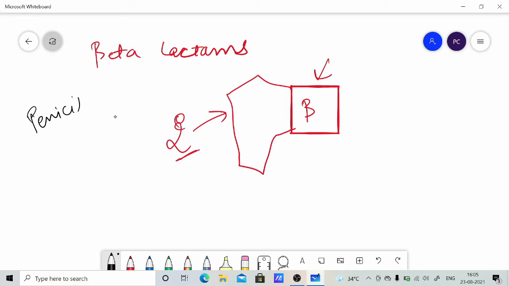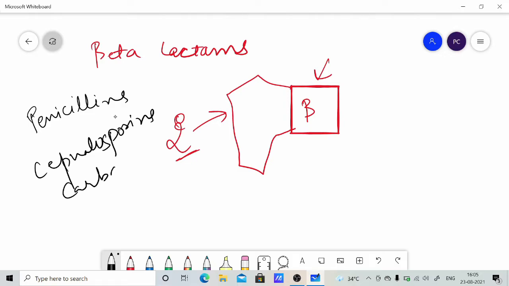penicillins, cephalosporins, carbapenems, and the monobactam.